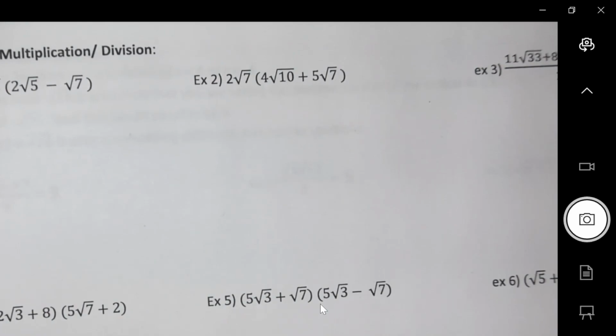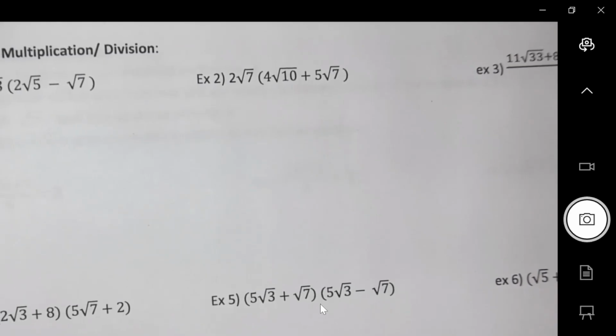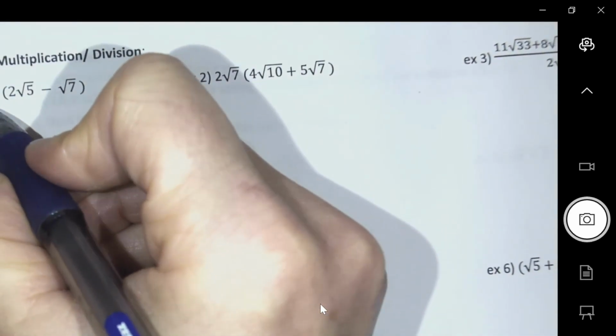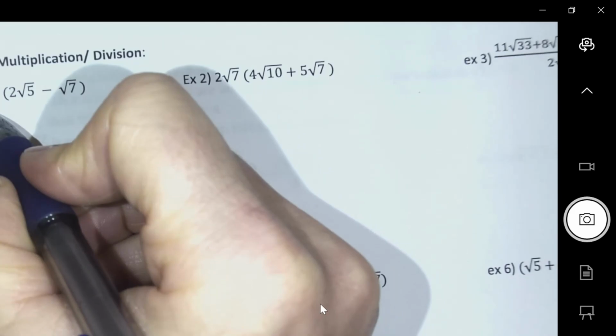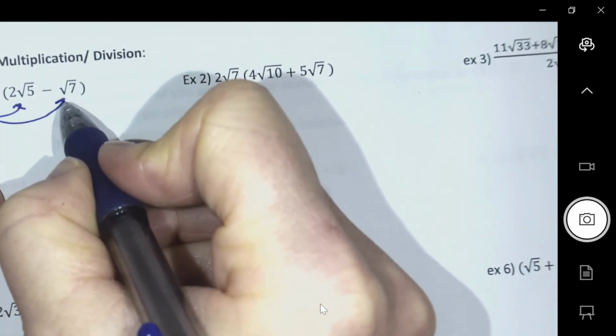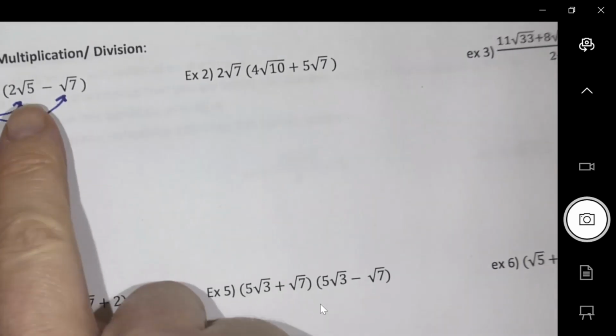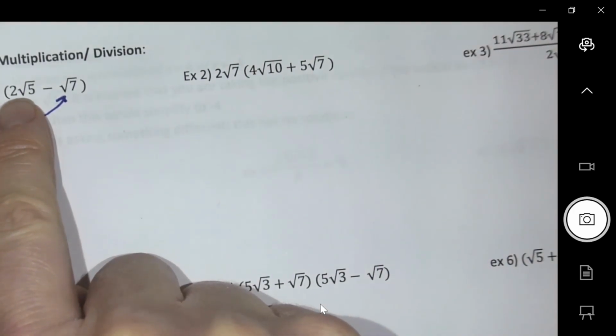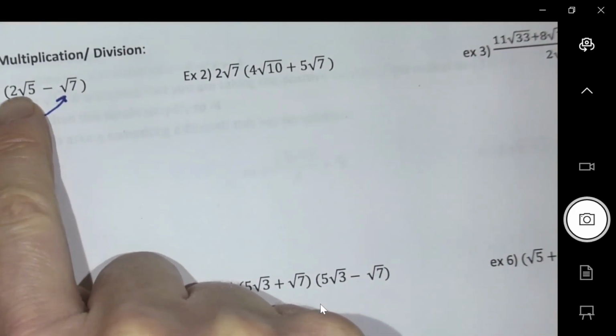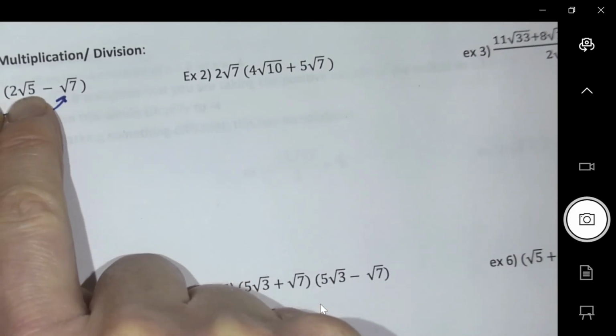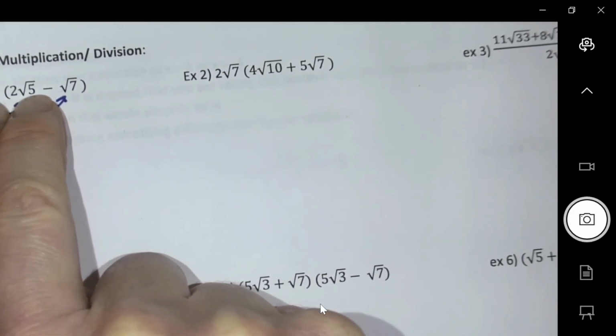Okay, multiplying. So you know how to multiply now, but now how to multiply things like foiling and stuff like that. Okay, so with this one, this is a monomial times a binomial. So that's my technique, right? I'm going to just distribute the monomial to the binomial. Okay, follow along. This makes the front 8 root 15.